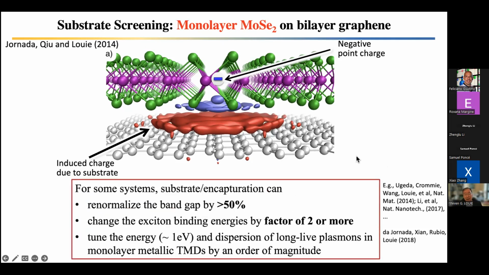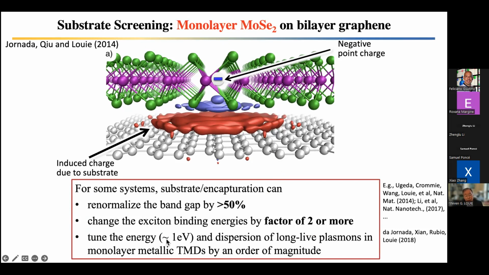In fact, we and other people have found that for some systems, substrate and encapsulation, due to this kind of screening effect on the self-energy, can renormalize the band gap by more than 50% and change the exciton binding energy by a factor of 2 or more for typical 2D semiconductors.